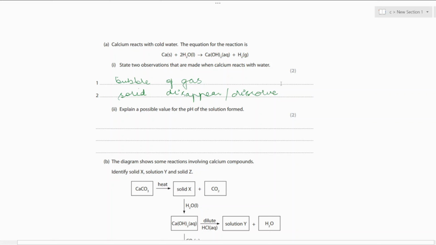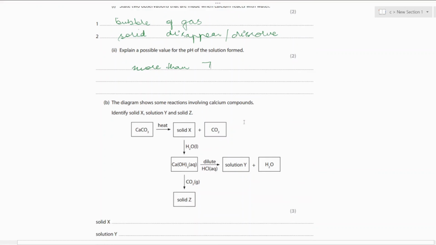So here the calcium disappears. Explain a possible value of pH for this solution. What would be the pH if it's calcium hydroxide? Yes, so its pH value would be more than 7, or greater than 7.